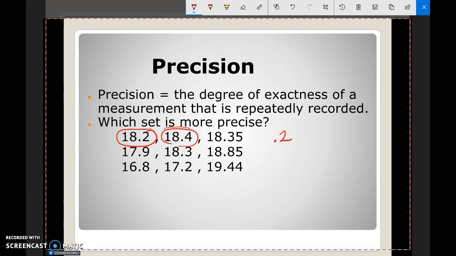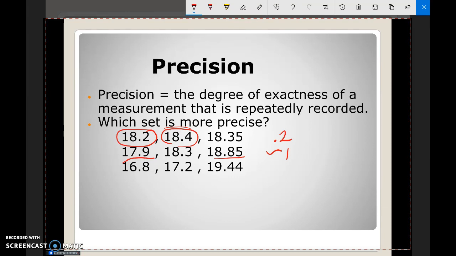Now, if you look at this next set of numbers, our low number is 17.9 and our high number is 18.85. So that is quite an increase. It's almost an increase of one. It's 0.9 something.